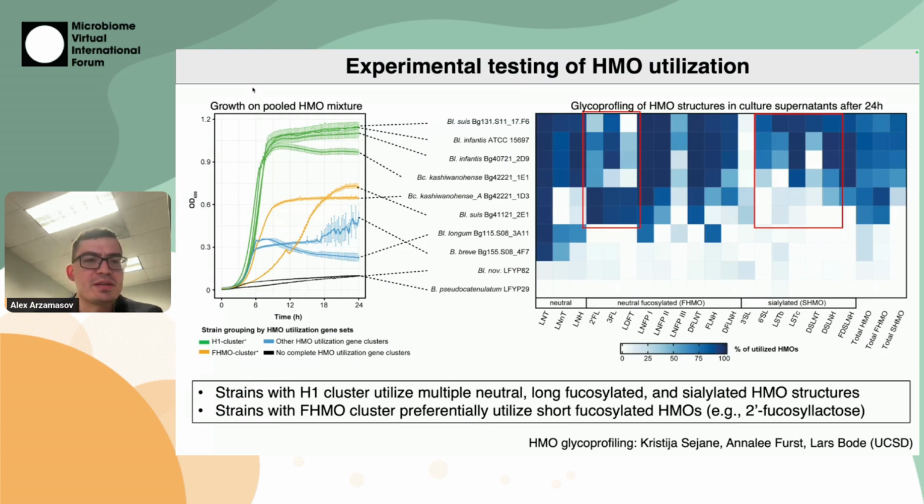We collaborated with Lars Bode's lab at UC San Diego, and found out that these strains with H1 clusters here in green essentially grow the best in the medium supplemented with HMOs. And they can metabolize all these distinct HMO structures, but they slightly struggle with short fucosylated HMOs like 2'-fucosyllactose. Whereas the strains with the FHMO cluster do prefer these short fucosylated HMOs.